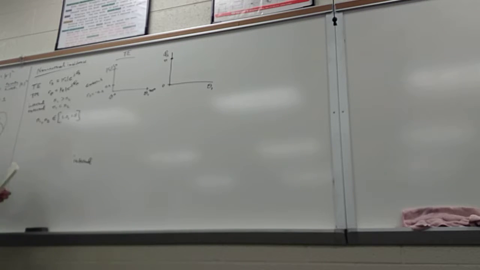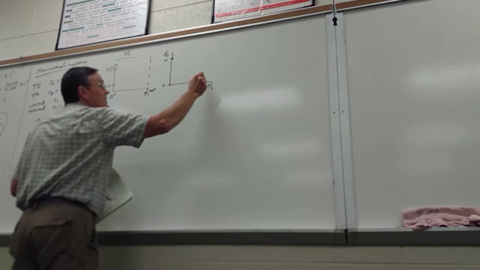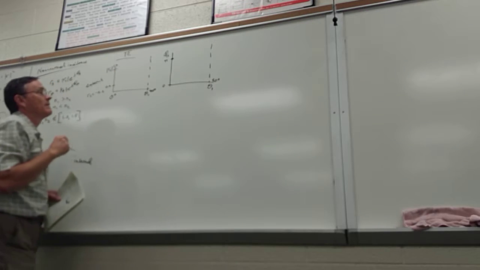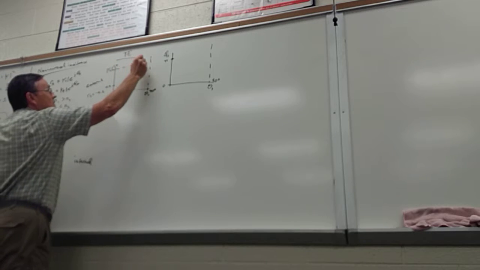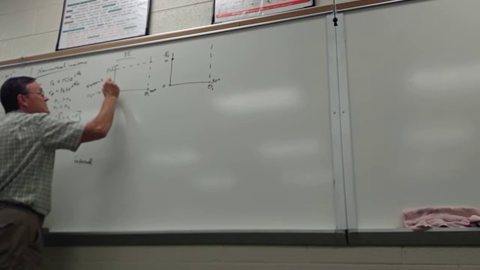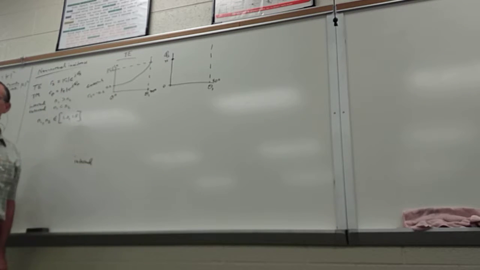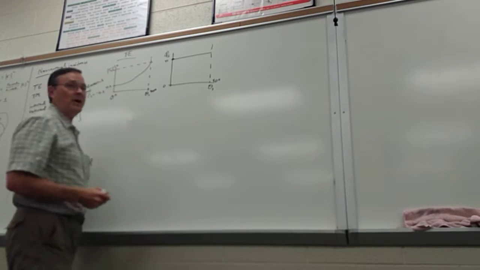Okay, so now the question is what happens as we go off normal incidence until we get over here to 90 degrees. And likewise over here, 90 degrees. Okay, what happens is, and this is 1, the magnitude of the reflection coefficient does that, monotonically increases to 1, and the phase just stays at pi.